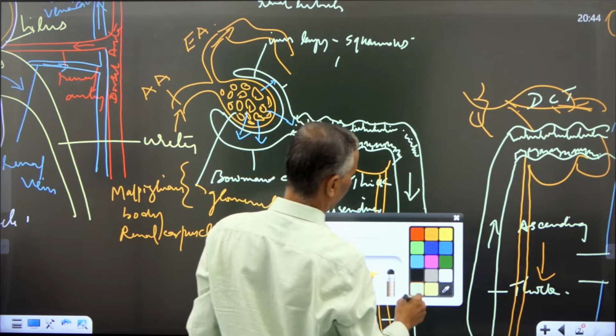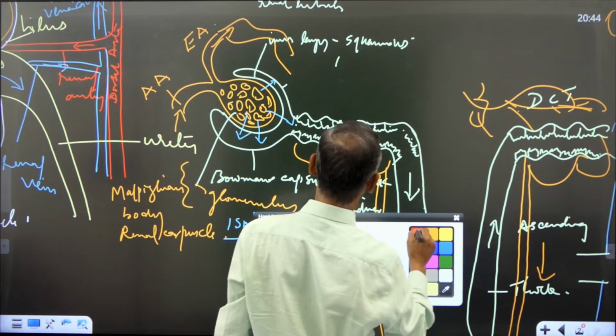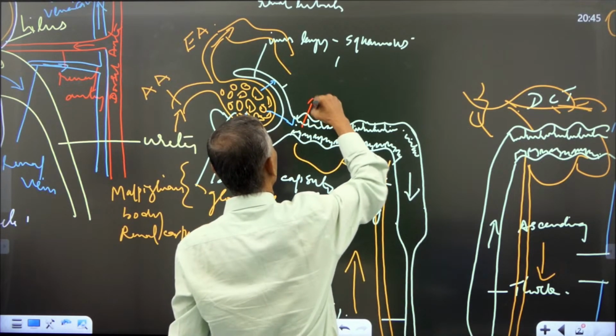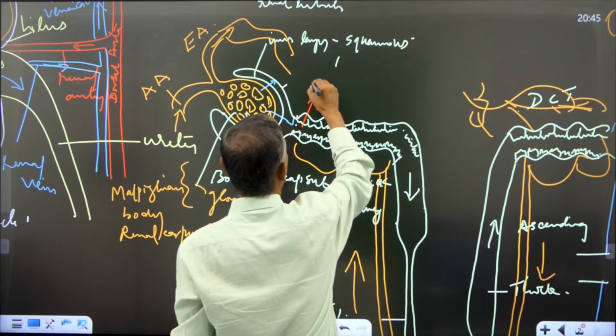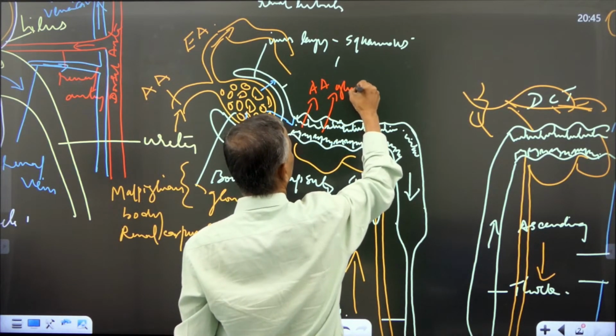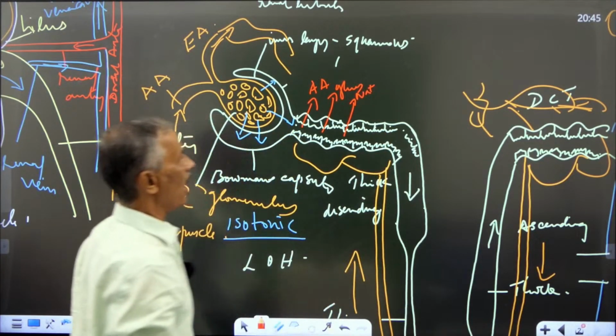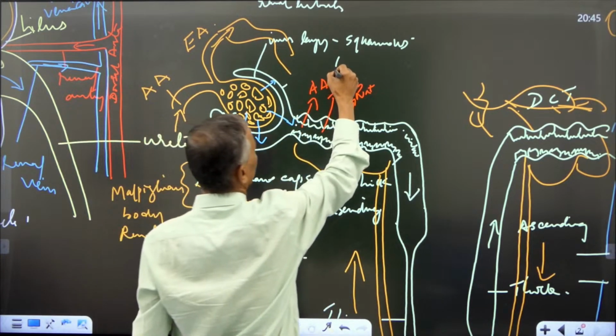How? They are absorbed in two ways. One, those which are absolutely essential, like amino acids, glucose, sodium, etc., are absorbed actively.